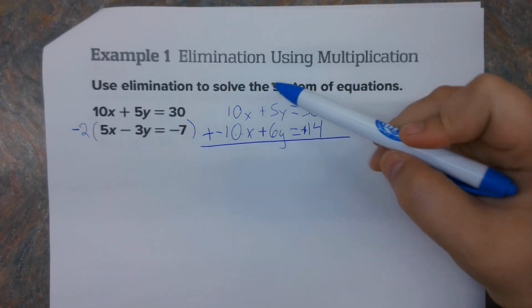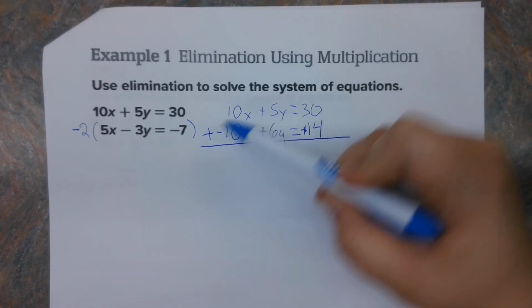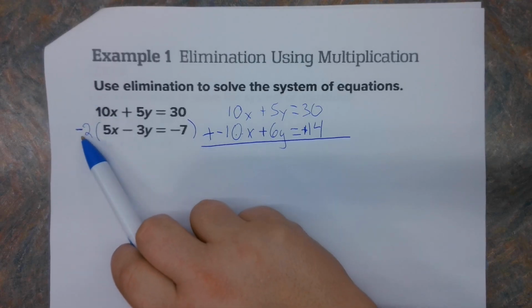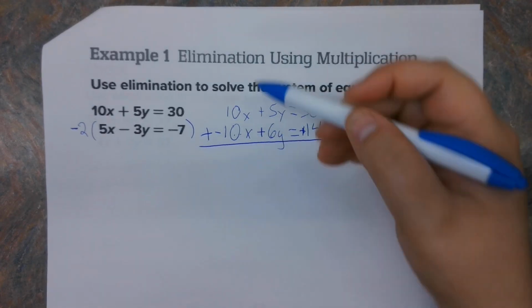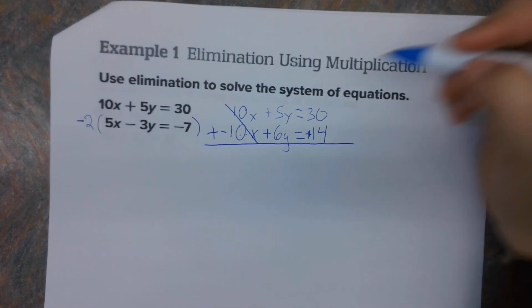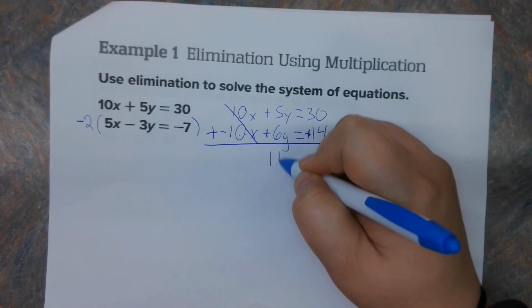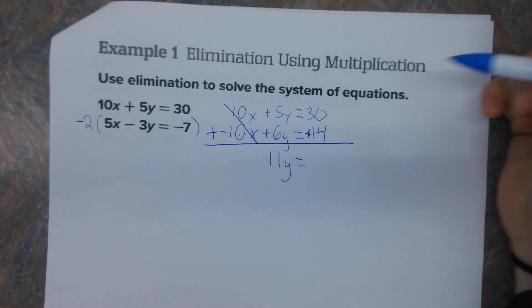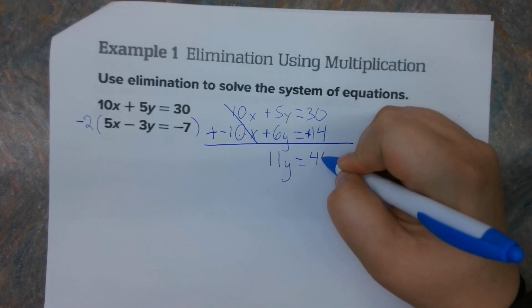Remember, we want these to be opposites in order to add. If they're not, one positive and one negative, you have to add that negative in there. So 10 plus negative 10 cancels out. 5 plus 6 is 11y, and 30 plus 14 is 44.